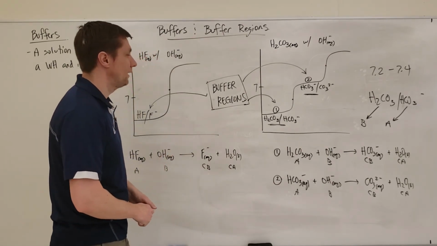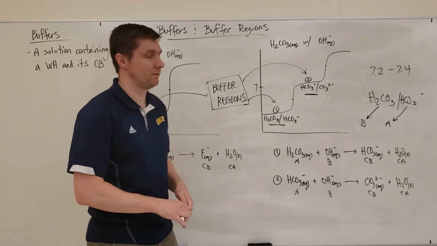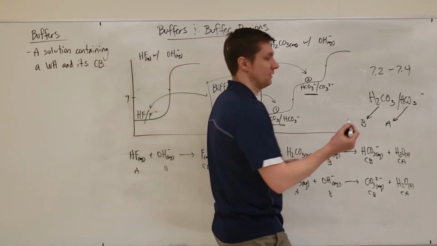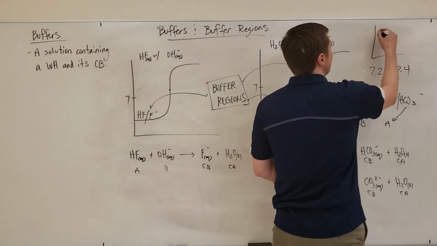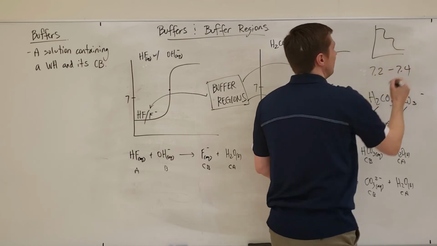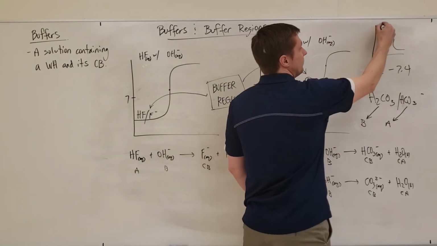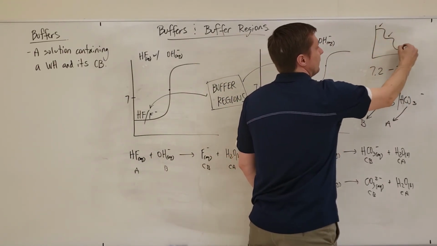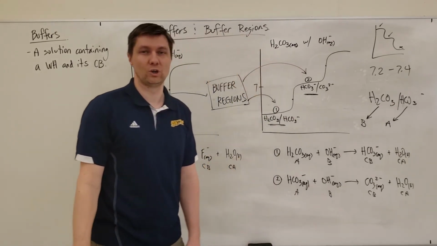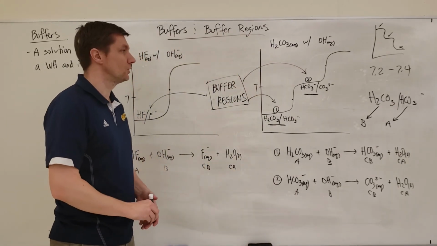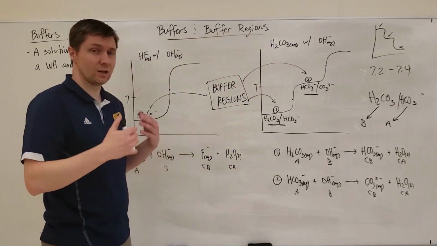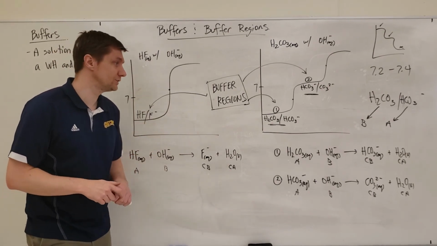If I were to have another titration curve that's a little bit flipped, something like that, then these would be buffer regions, and that final one right there would not be a buffer region. So that's all you've got to know about buffers and buffer regions.